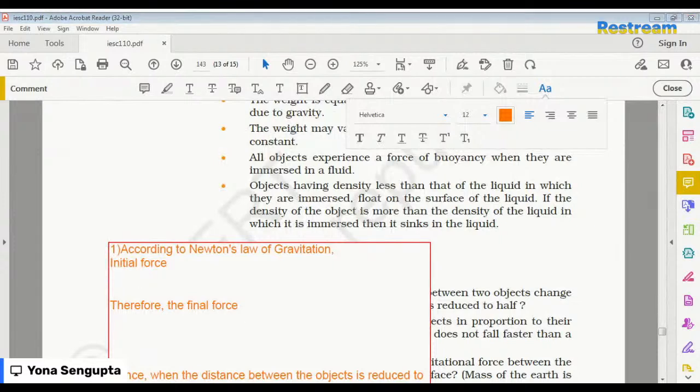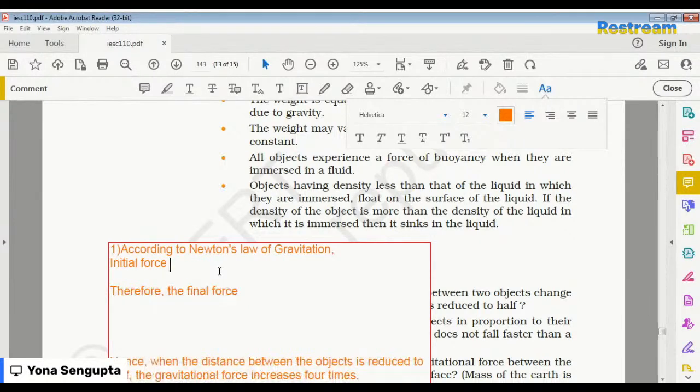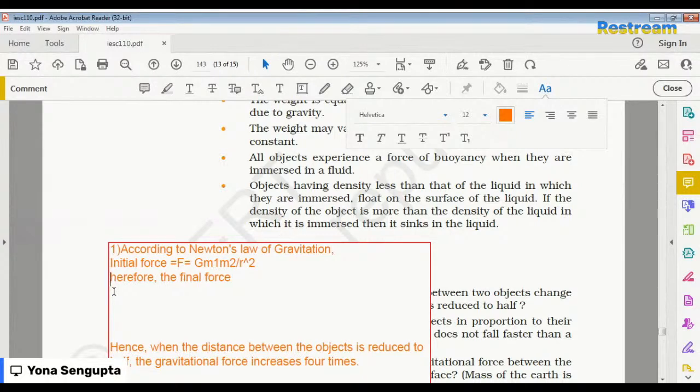So the initial force is F equals G into M1 into M2 by R square. Okay, so what would be the final force?